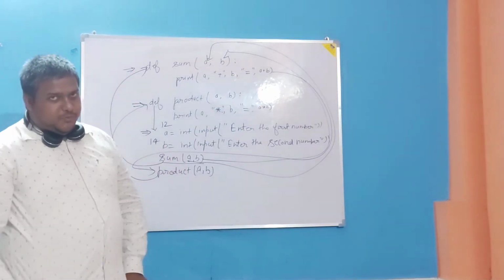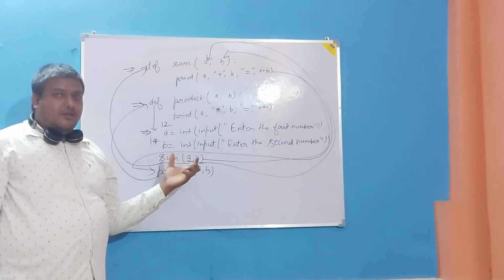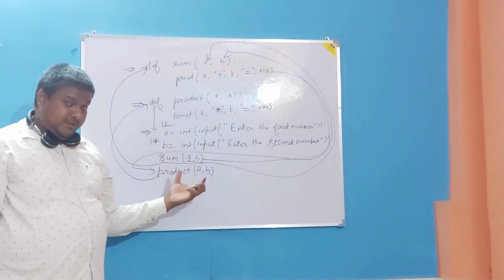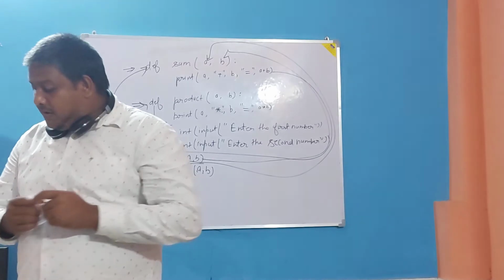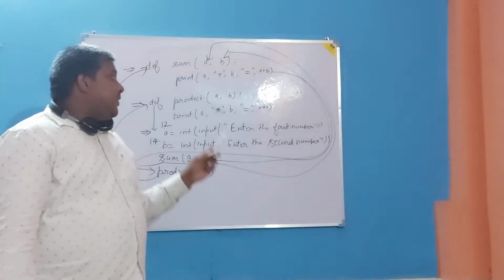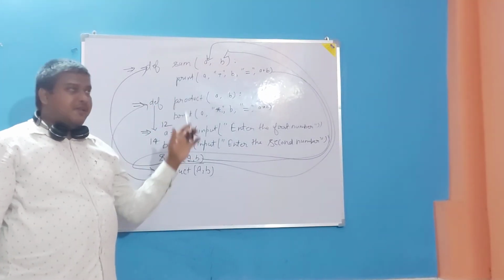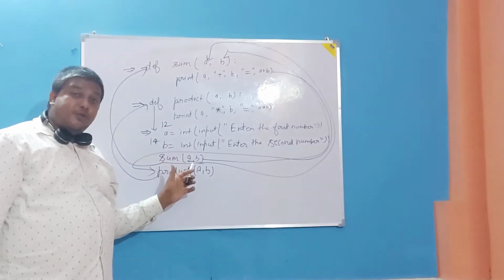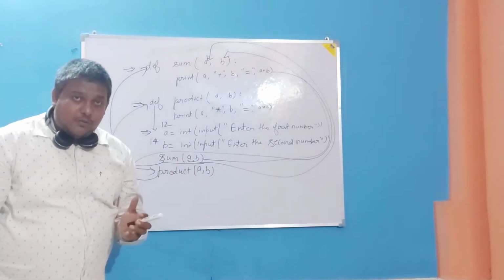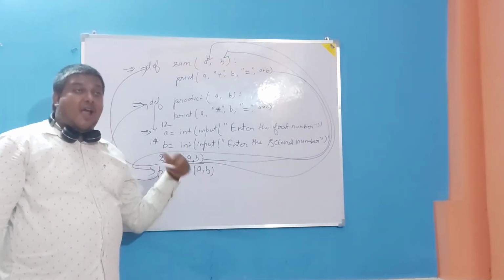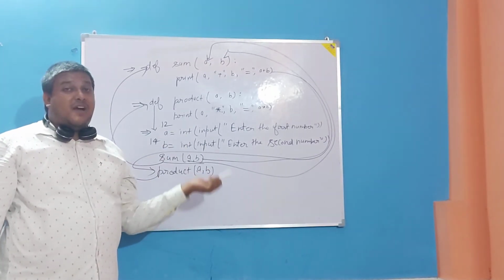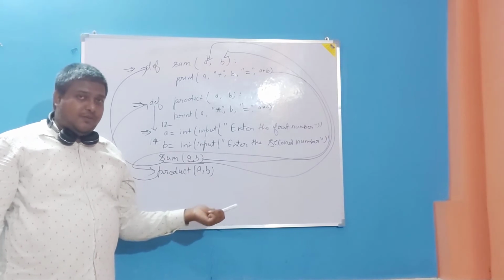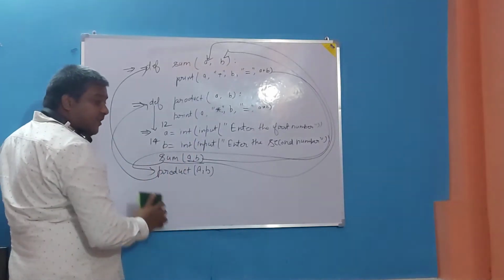So this is called a parameterized function. Now I think you understand how we define the functions, how we have to use them with the direct value, with the variables, and with the help of variables by taking input we have to call the functions. Now we have to see the other one.